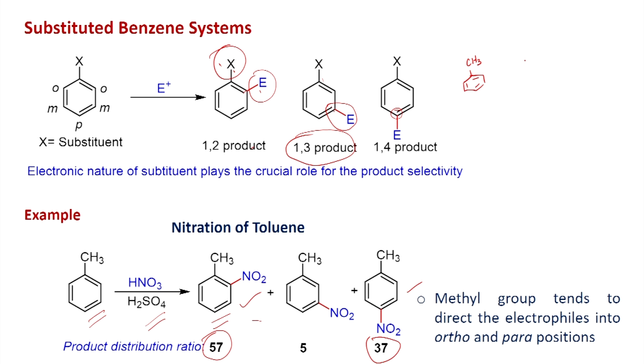As we have seen earlier, when you mix nitric acid with sulfuric acid, you will be able to form the nitronium ion, and now this can undergo an addition reaction.